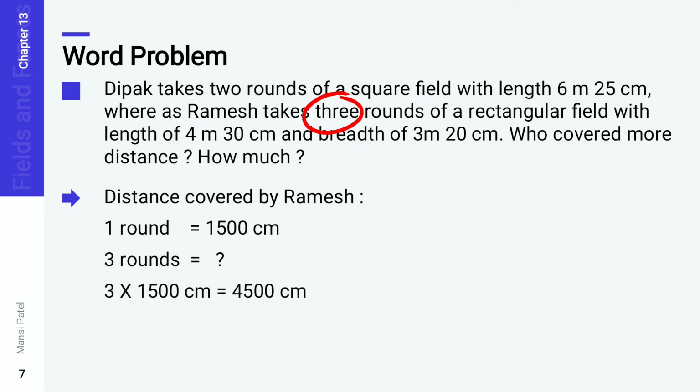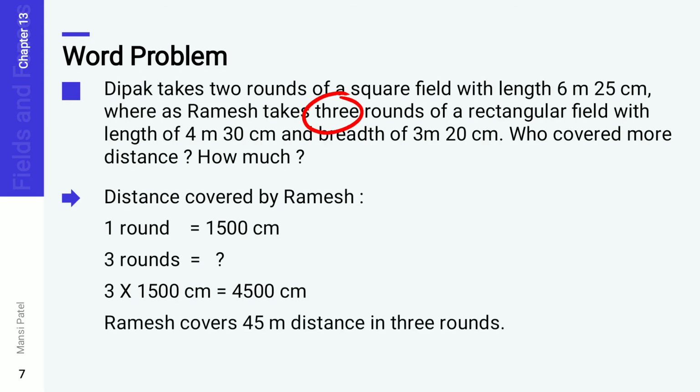So 3 multiplied by 1500. 15 threes are 45. So we can say 4500 centimeter. So Ramesh covered 45 meter distance in 3 rounds. How does this come? Just divide this number by 100 because we convert this centimeter into meter. So these two zeros are cut and these two zeros are cut. So what is the answer? 45 meter. That is the answer.